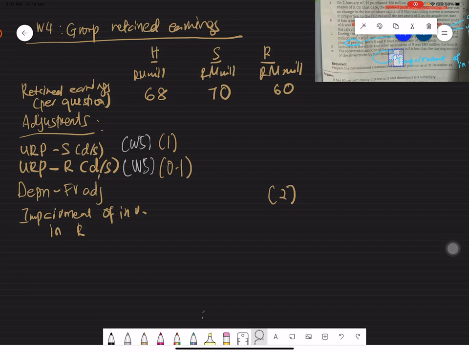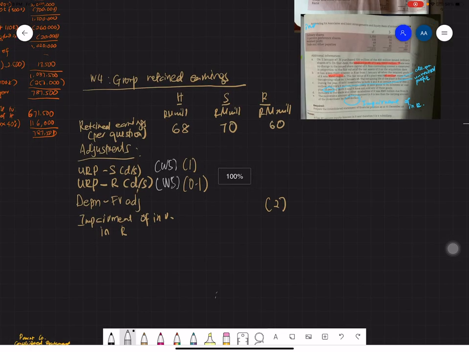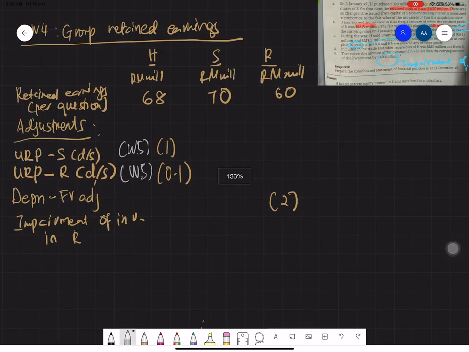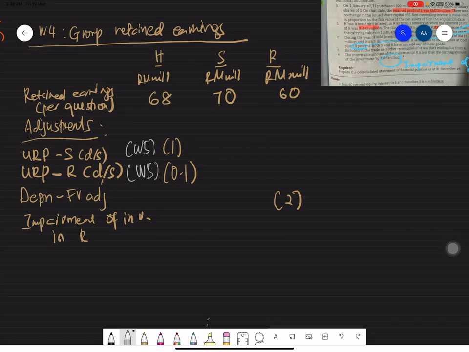So it is H's investment, made by H, so it should be in this column.